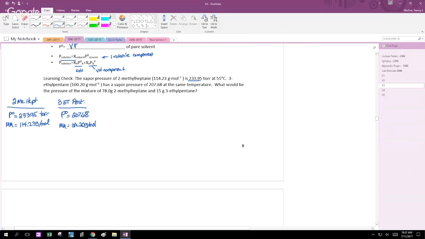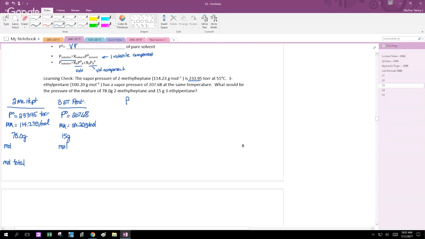So for every substance that is volatile, you're going to have another term, mole fraction times its vapor pressure. So what we know about the mixture is that we have 78.0 grams of this and 15 grams of that. So since I have two volatile fractions, I'm going to need to figure out how many moles and how many moles total.